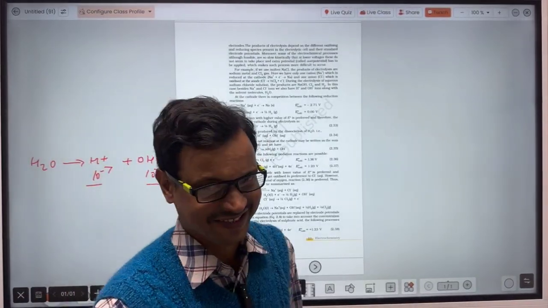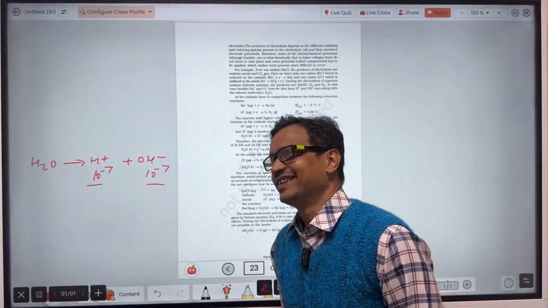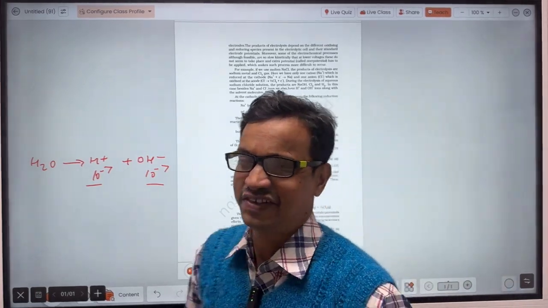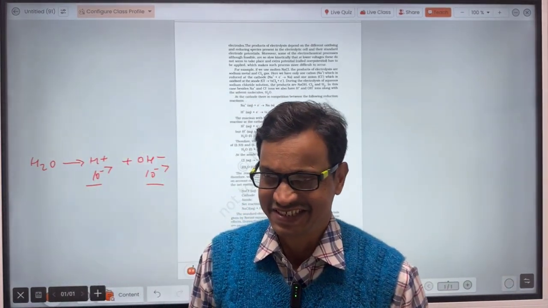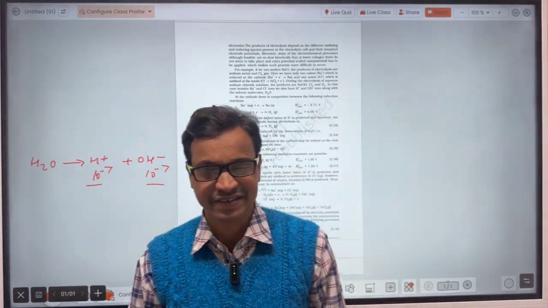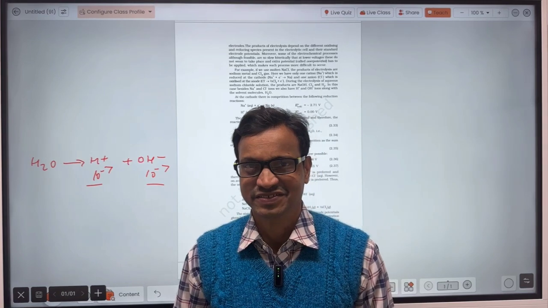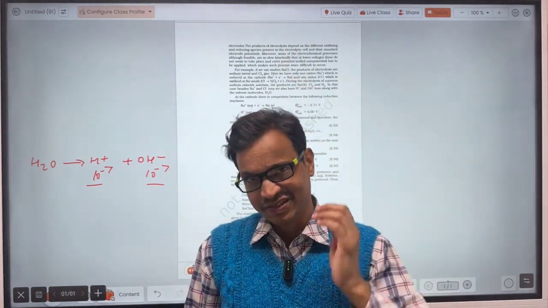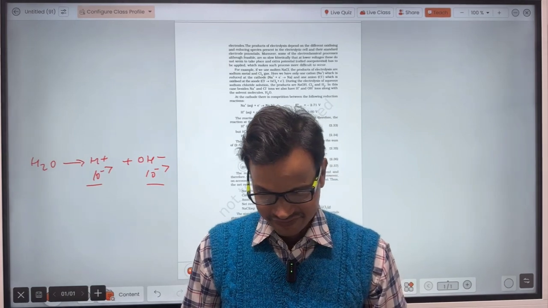So the amount of H plus and OH minus ions is not enough for the conduction of electricity. When any electrolyte is added to pure water, then water will become a good conductor of electricity.